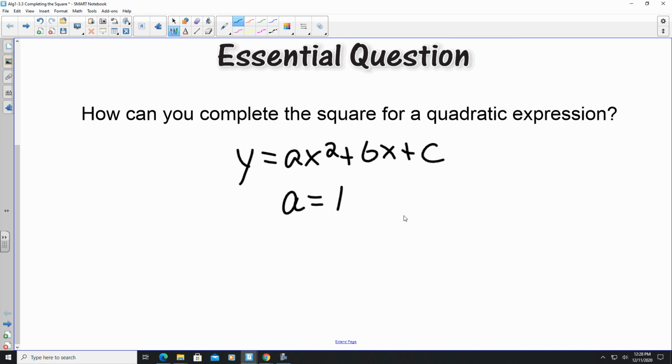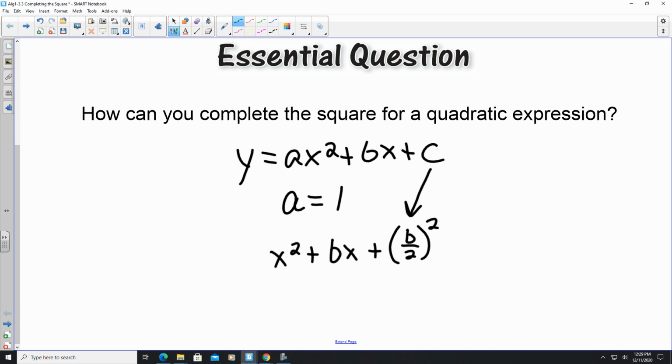Since a is 1 for completing the square, the formula is x squared plus bx plus c, and c is tied in with b. c is actually going to be b divided by 2 squared. So that is the value for c with respect to completing the square.